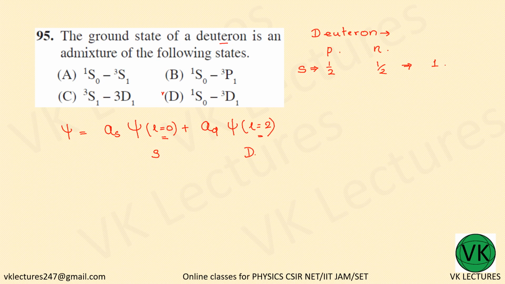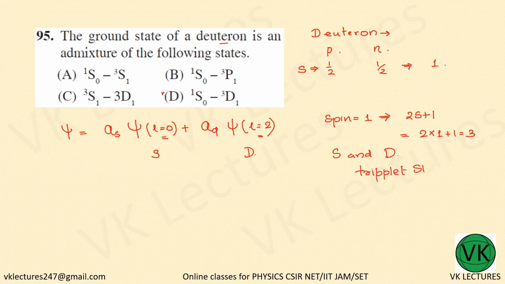Now since the spin is equal to 1, 2S plus 1 is equal to 2 into 1 plus 1, so that's equal to 3. Now for both S and D, we have the triplet state.